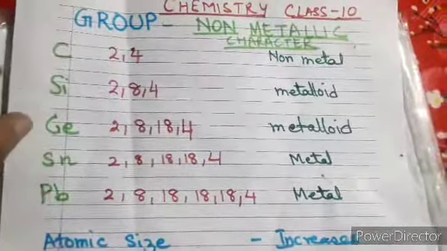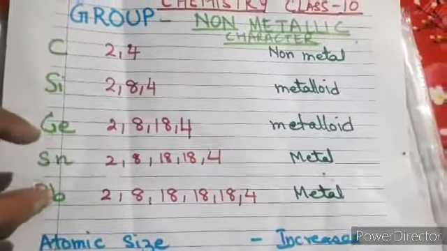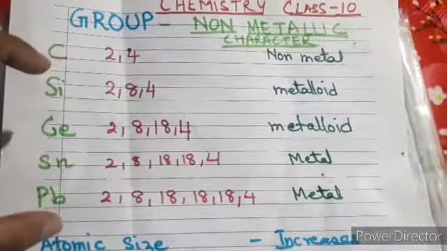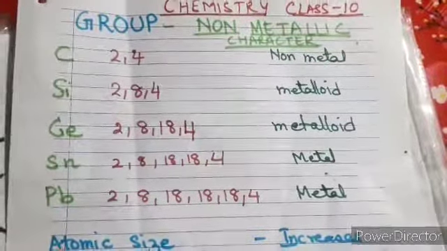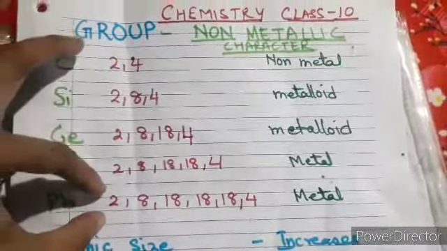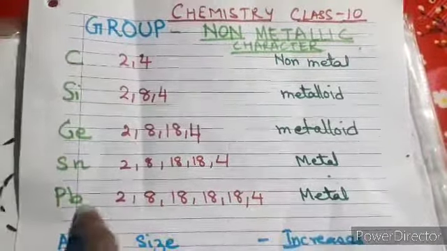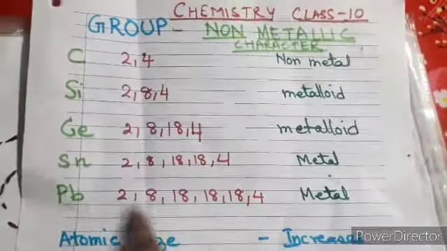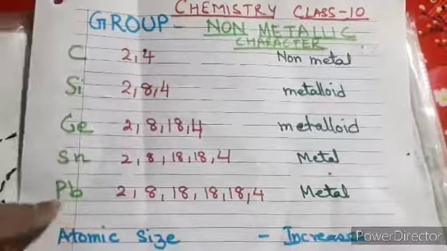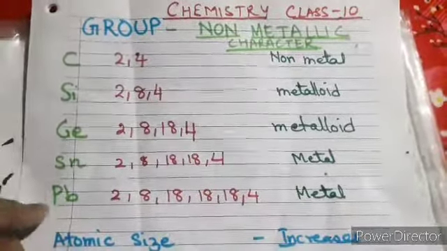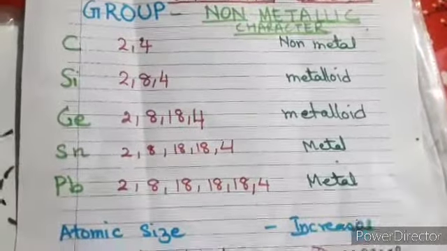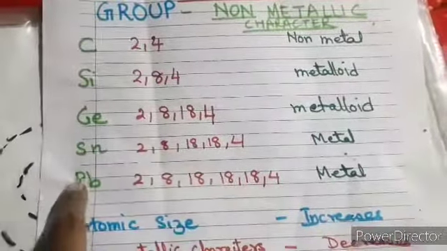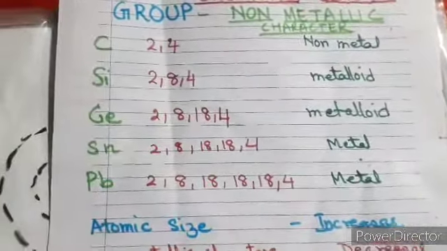Because we have already discussed in metallic characters that metals have low ionization energy, because of it they can easily lose their electrons, right? So over here the ionization potential of this particular element is low, and it will behave as a metallic, not a non-metallic, right? So you can see that the non-metallic character decreases when you move top to bottom in a group.